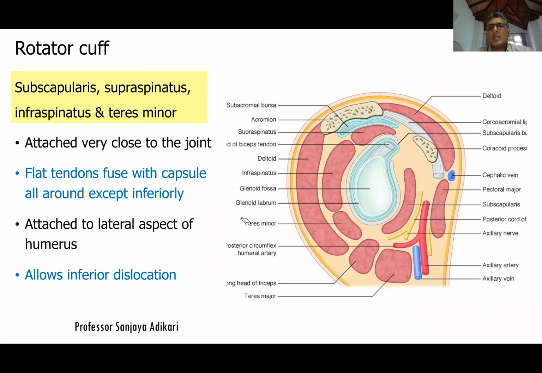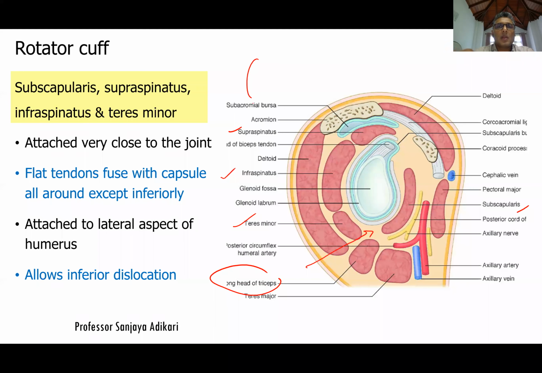You can see in this diagram the rotator cuff muscles. You have the supraspinatus here, the infraspinatus, teres minor, and the subscapularis, which are very closely associated with the joint above, behind, and in front. So there is a weakness of the rotator cuff here, but still you have the triceps. If you abduct, the long head of triceps comes here, attached to the infraglenoid tubercle.